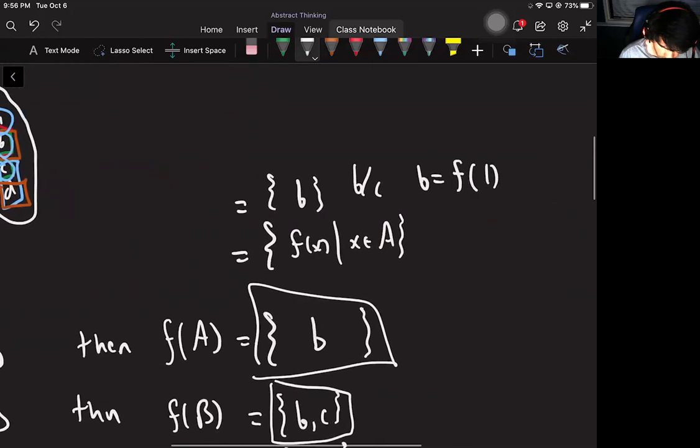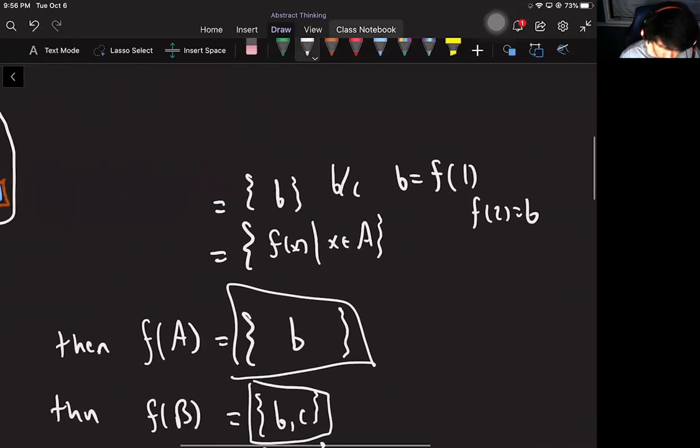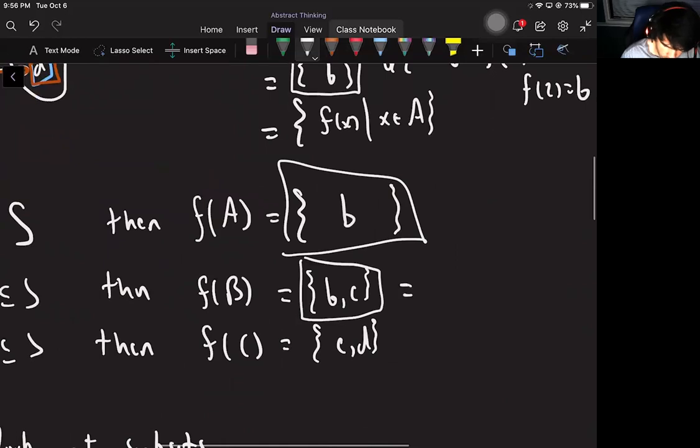And then f of 2, since it's also b, it just tells you that b is in there again, but you don't have to repeat. So it just consists of b only. So this, by definition, again, is just the set of f of x's, the set of outputs where the inputs come from the set that you're plugging in.